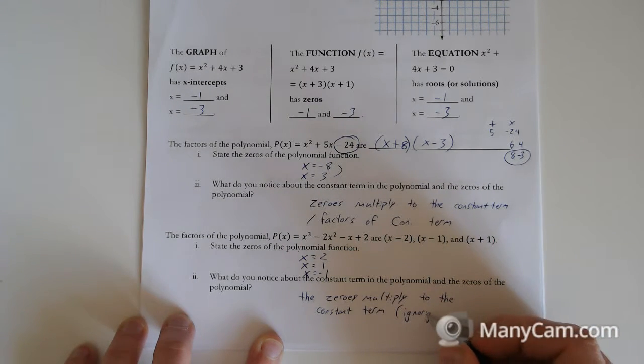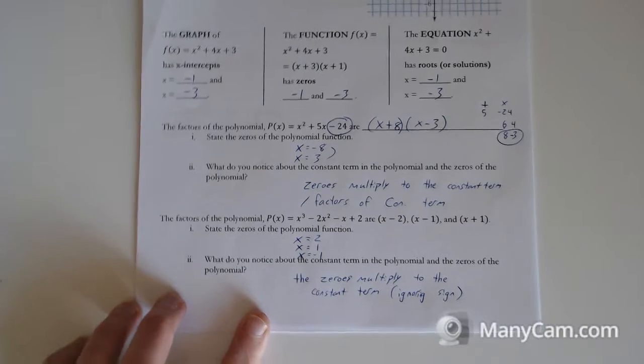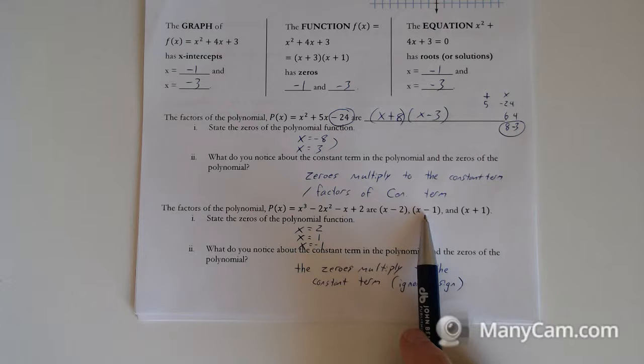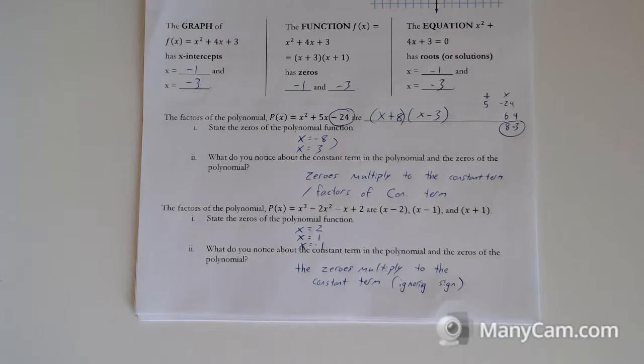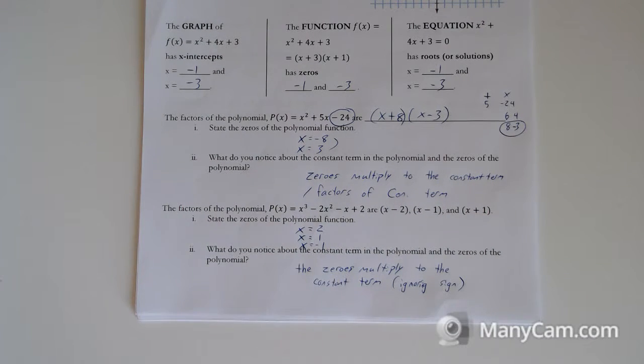So this is actually going to be true with every single polynomial because of the way we expand factors. If you have it in factored form, the way you expand it using FOIL or using advanced versions of FOIL, always these numbers at the end are going to multiply and they're going to turn into the constant term at the end. And that's going to be one of our big tricks.